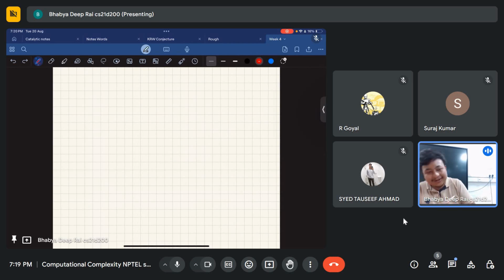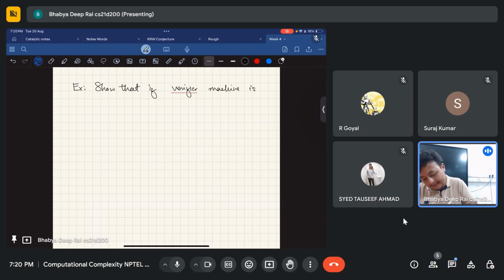I'll give you this as an exercise. Exercise: show that if the verifier machine is allowed multiple reads, then we capture NP.